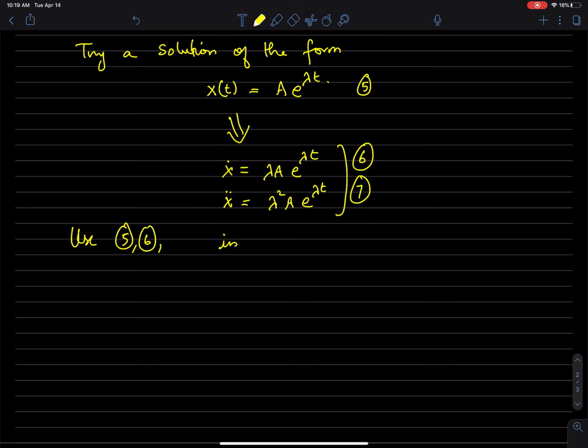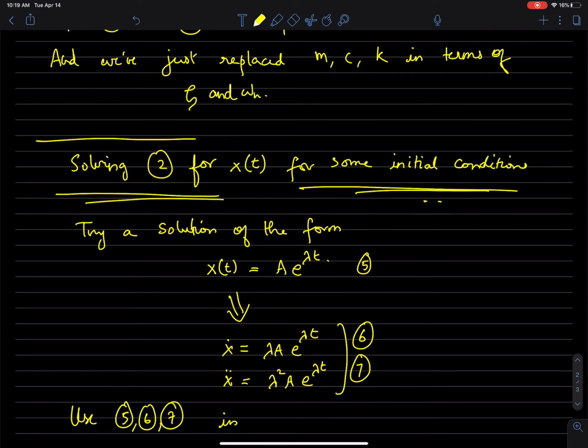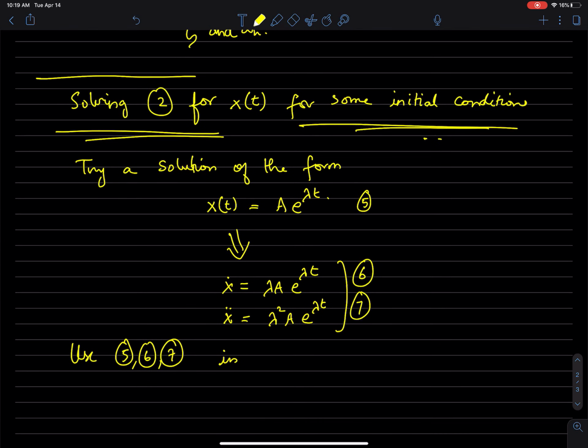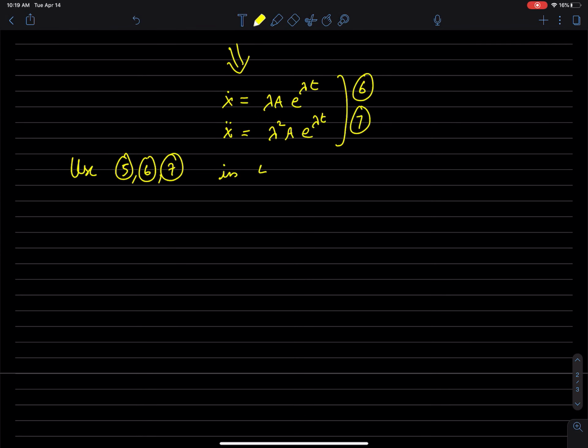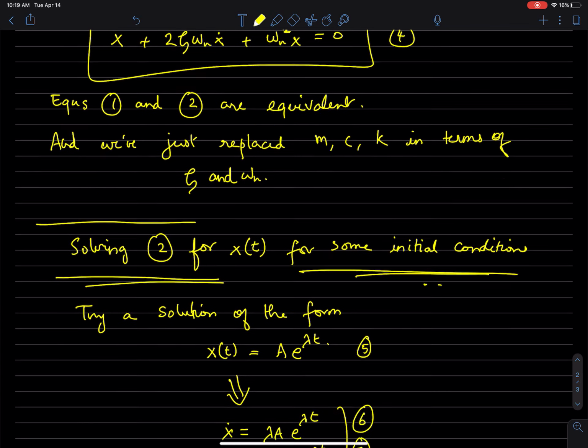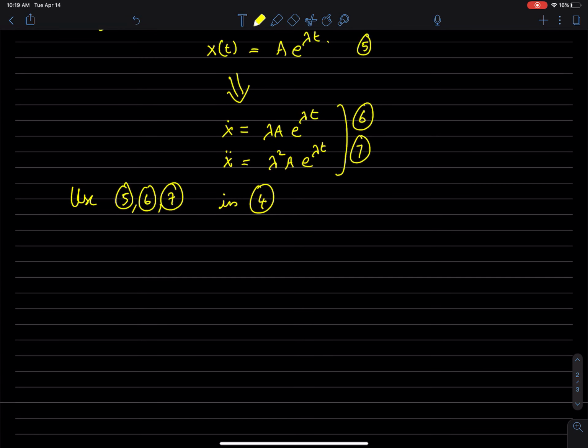So we plug 5, 6, 7 into equation 4, this guy. So let's just write equation 4 again so that we can substitute things clearly. So that's equation 4 recalled, and then we plug in 5, 6, and 7.